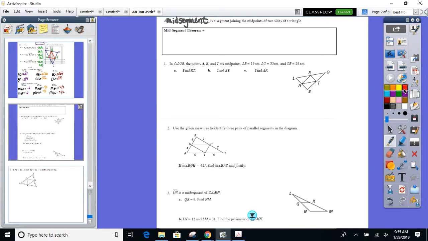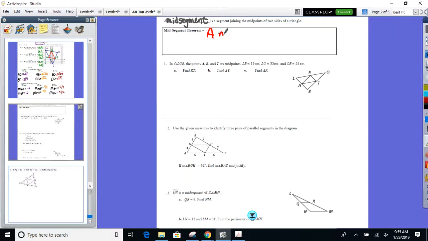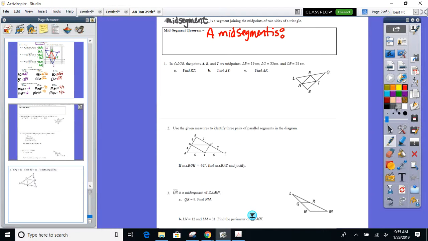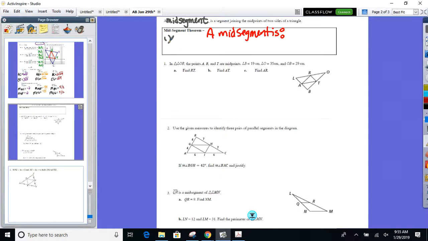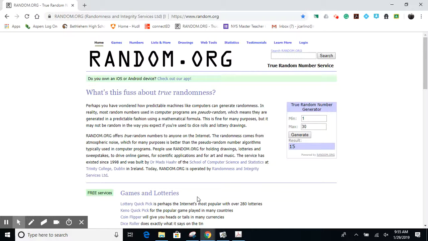Based on all that work we just did, a mid-segment is two things we just learned about it. Two things we just learned by doing distance and slope. So what a mid-segment is, describe it for me.